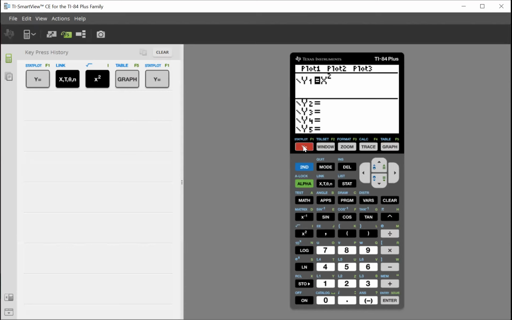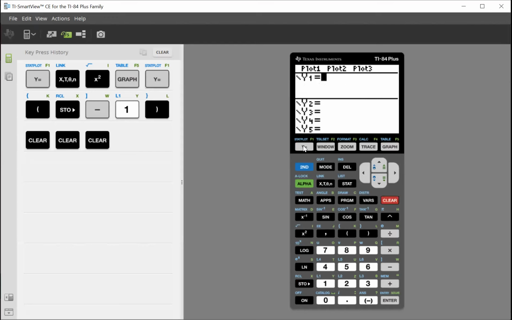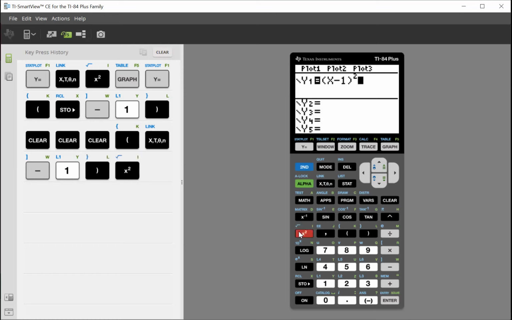Now, they said let's do x minus 1 squared. Whoops, let me backspace. So I was using my keyboard instead of my calculator. So x minus 1, close parentheses and square it.